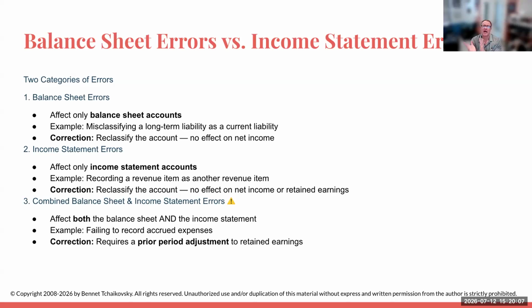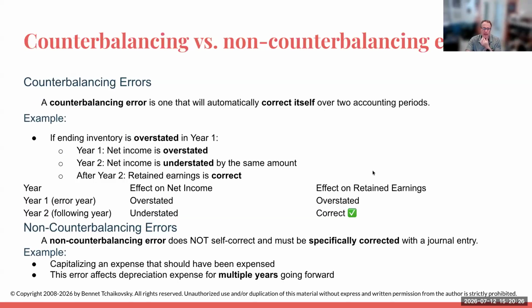So again, you would still have to say that you're restating part of it, because you made an error on that front. But then when we have essentially a combined balance sheet and income statement error, which impacts both, you're going to need to make a prior period adjustment to retained earnings, as we just saw in the last example.